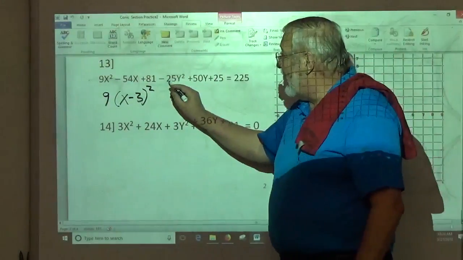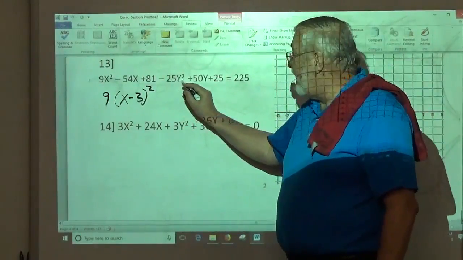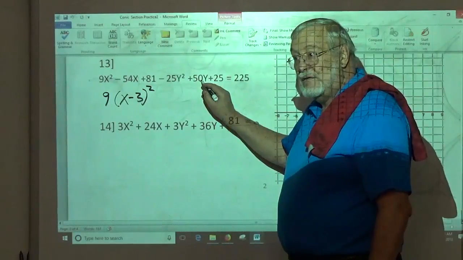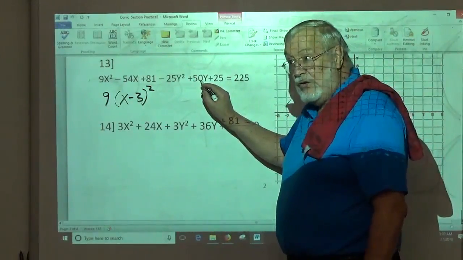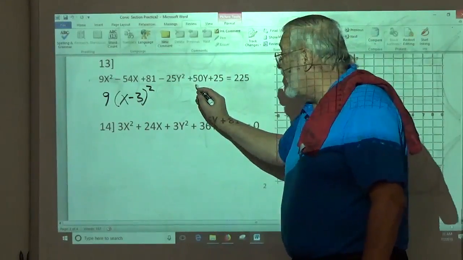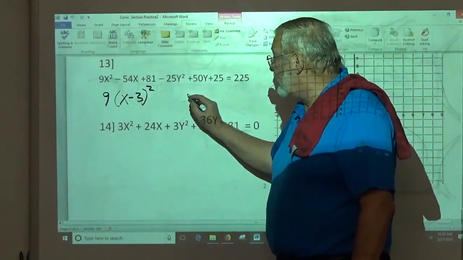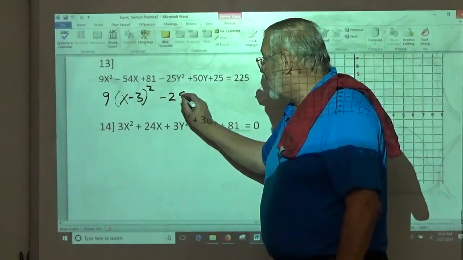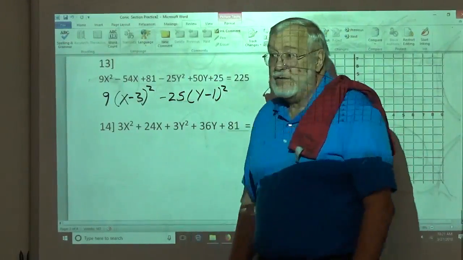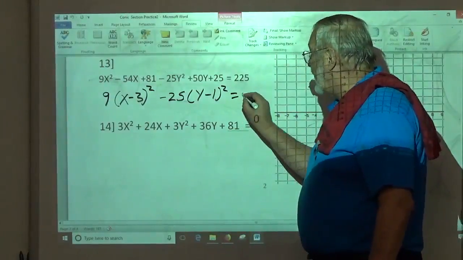If I take negative 25 out of this, what's left? A negative 2, right? Because negative 25 times negative 2 is 50. What's half of negative 2? Negative 1. So this will become y minus 1 squared. Equals.